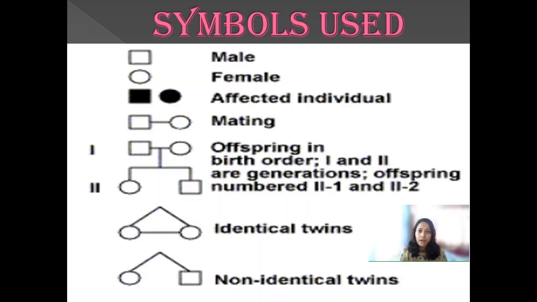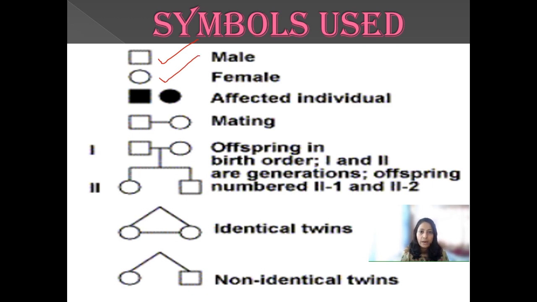First of all, let us discuss the symbols used in pedigree analysis. For males, we use a square box, and for females, we use a circle.